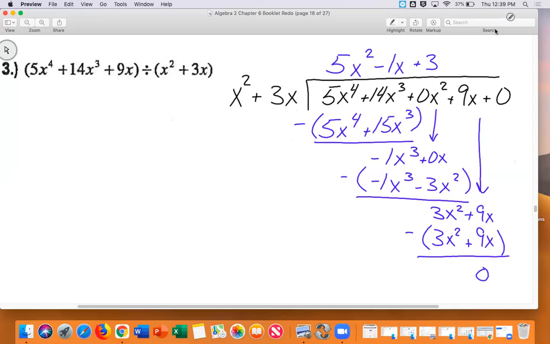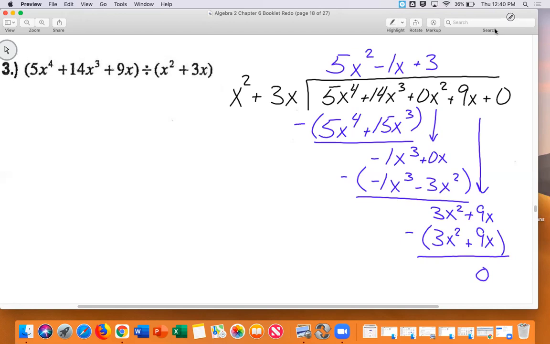-3 cubed is -27 times what? 14. That's what? -378. And 4 times 27 is what? 108. So 405 minus 378 is 27.